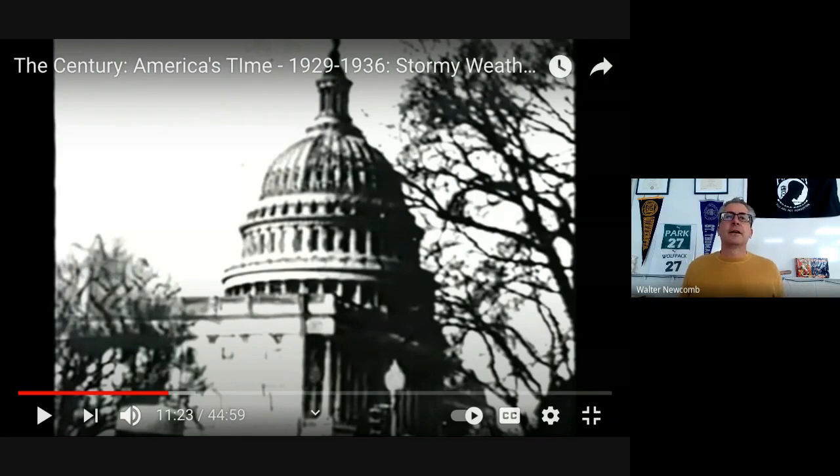I mentioned our two presidents, Herbert Hoover and FDR, and they are different in many ways. They come from different political parties with different philosophies, and we will address that tomorrow and the following days.